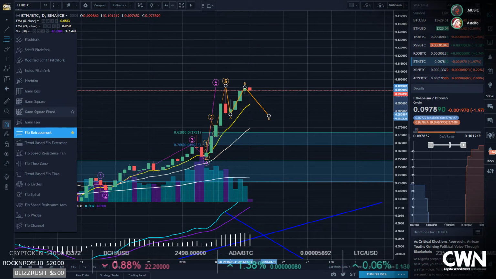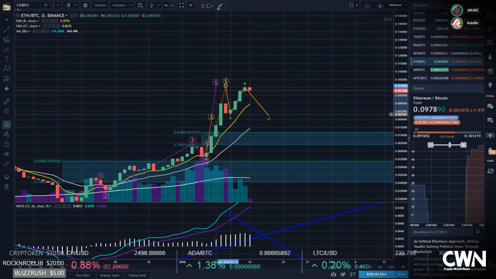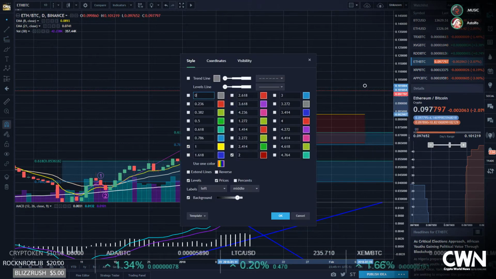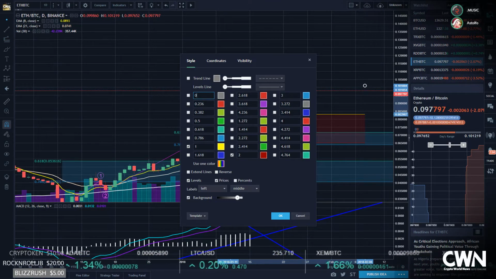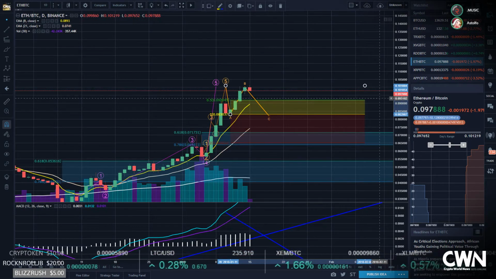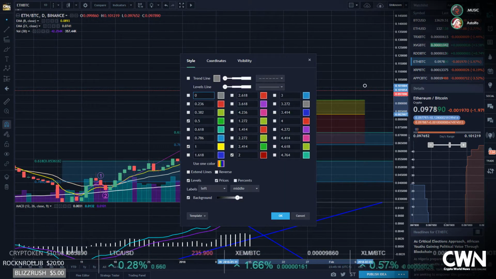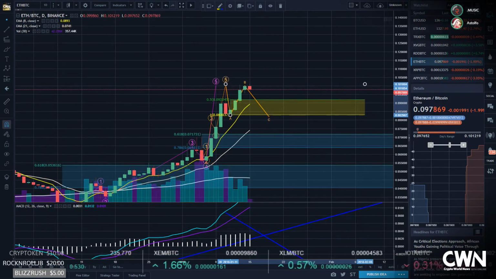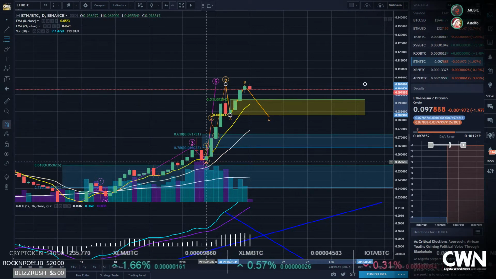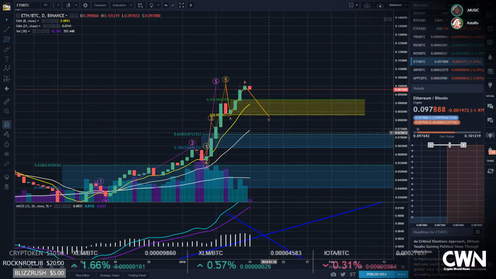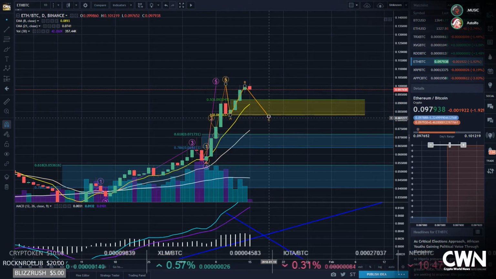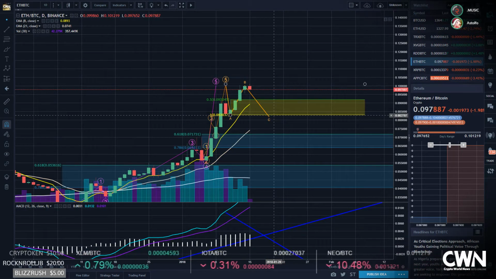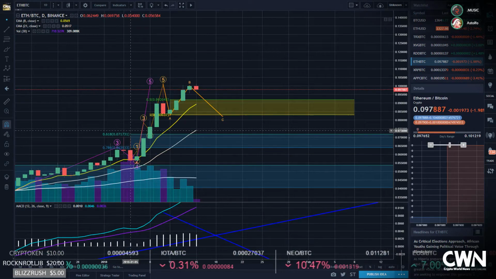We'll pull a projection of that. This zone here, it could double bottom in the 82,000 Satoshi zone.